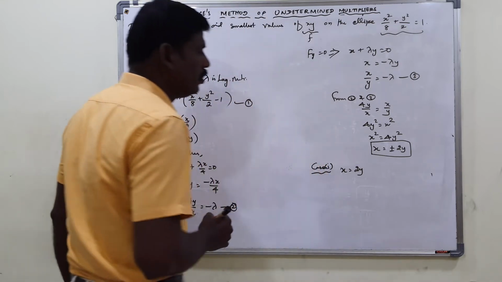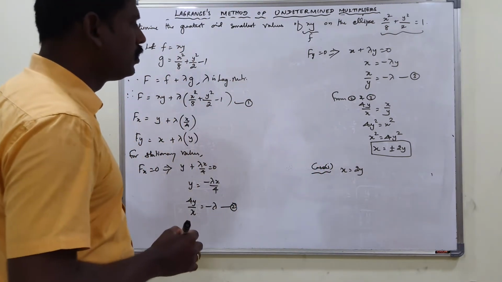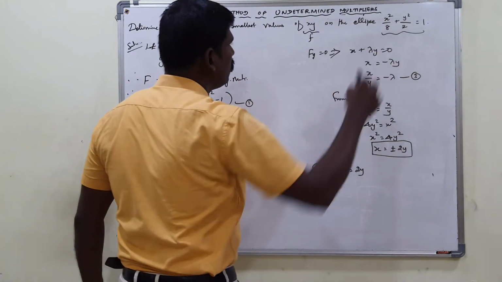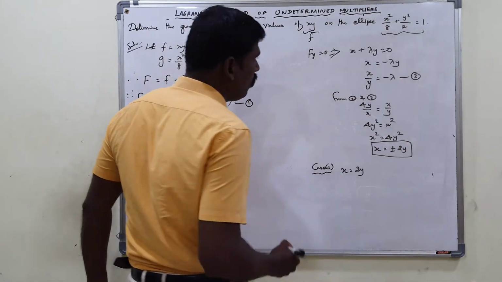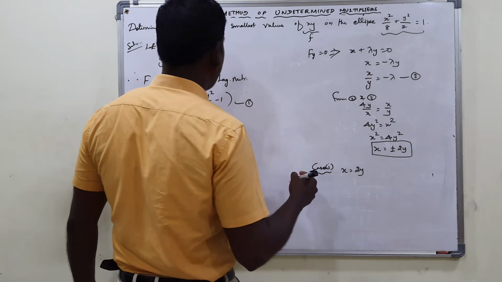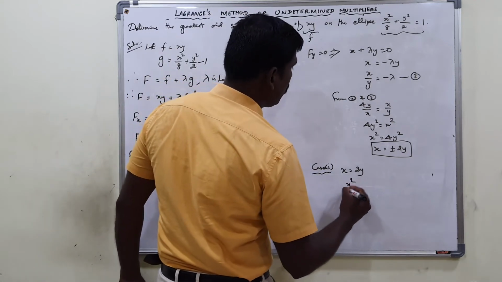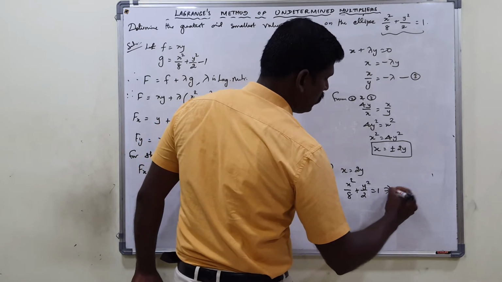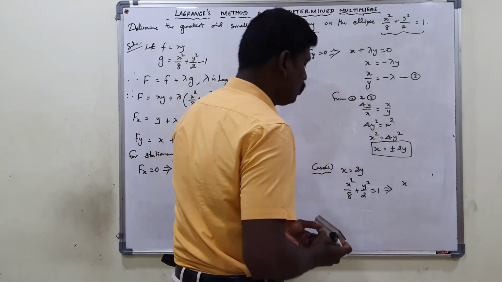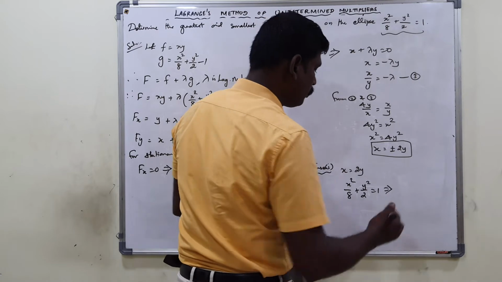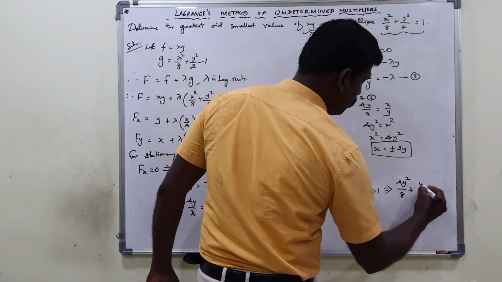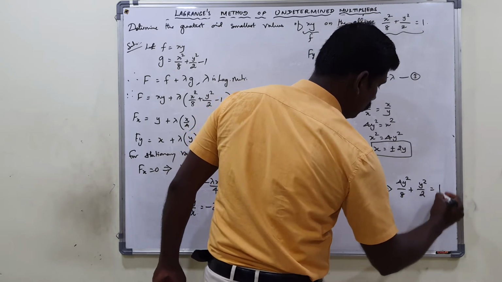So x equal to 2y means we substitute this condition into the ellipse. What will you get? x square by 8 plus y square by 2 equal to 1, and x is 2y. So 4y square by 8 plus y square by 2 equal to 1.